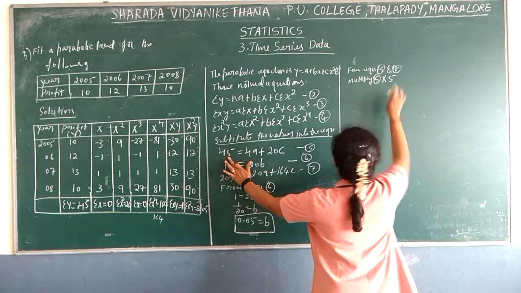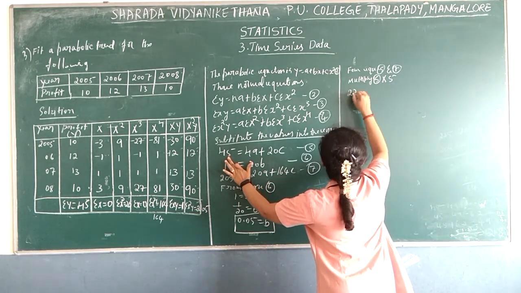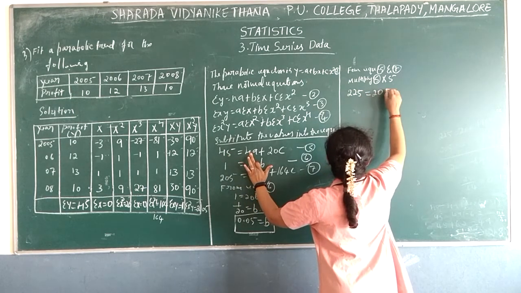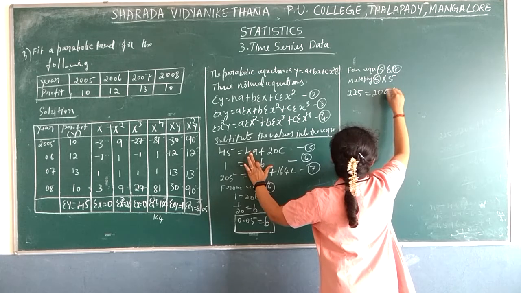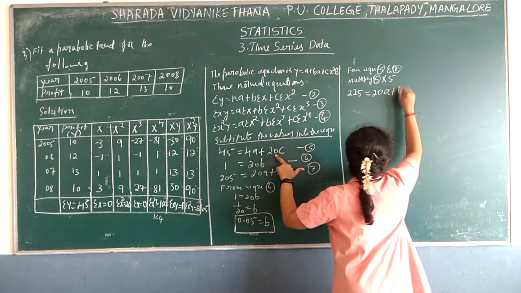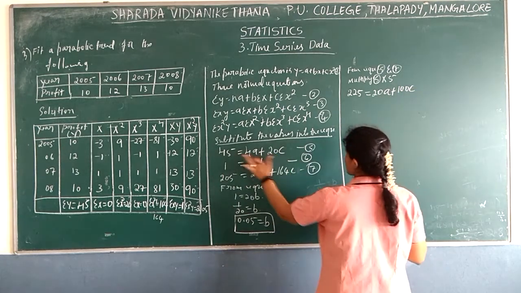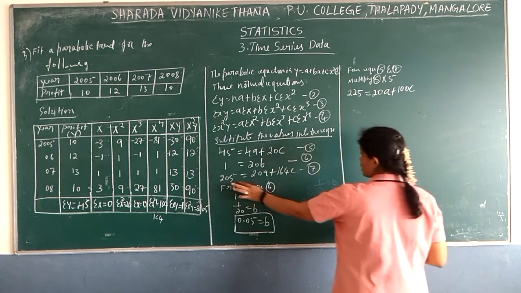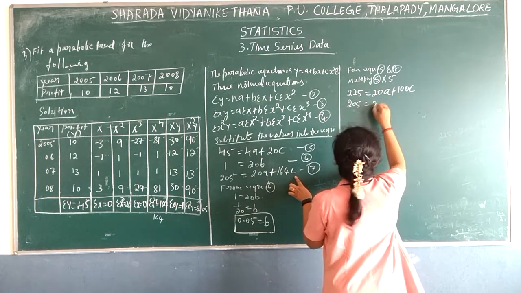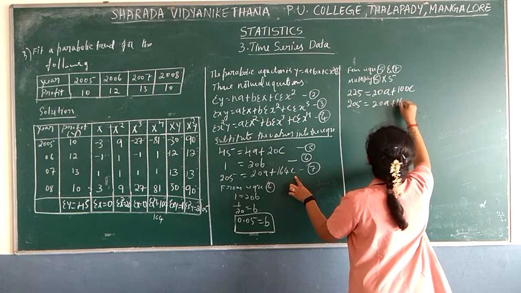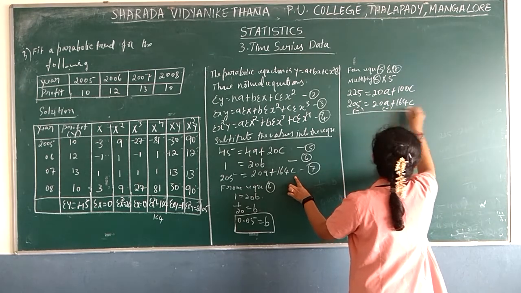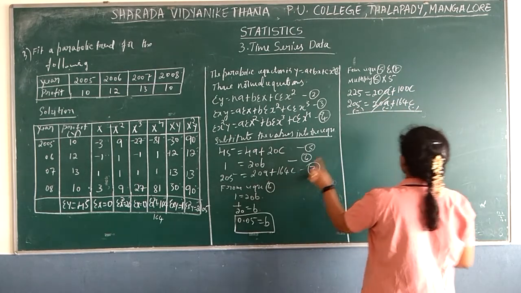So when we multiply, what do we get there? 45 into 5, 225, equals 4 into 5, 20a, plus 20 into 5, 100c. This equation is multiplied by 5. Then take the 7th equation as it is: 205 is equal to 20a plus 164c. Change the sign. This gets cancelled.